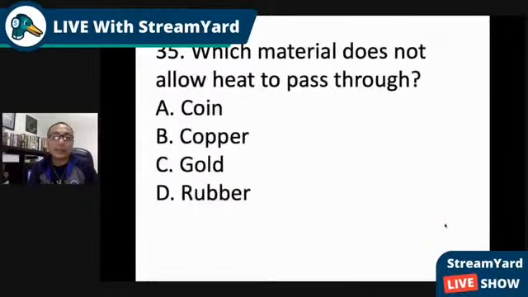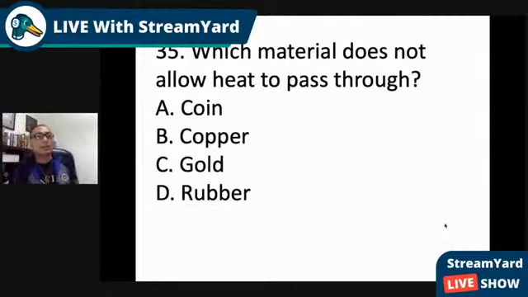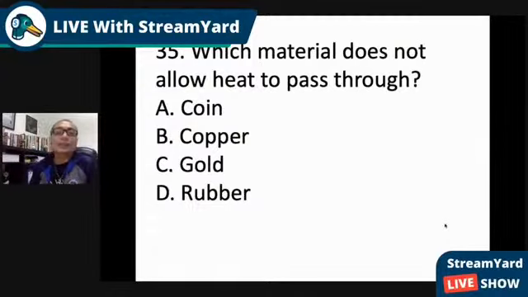Number 35, which material does not allow heat to pass through? This has to do with insulation and conduction. If the material does not allow heat to pass through, is it an insulator or a conductor? By the way, insulation or conduction is not a 100% proof thing.